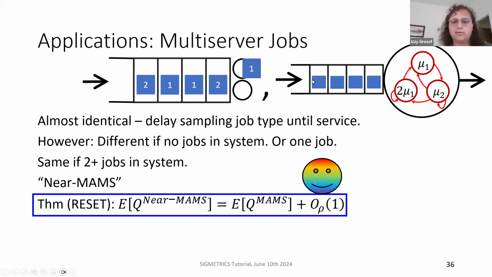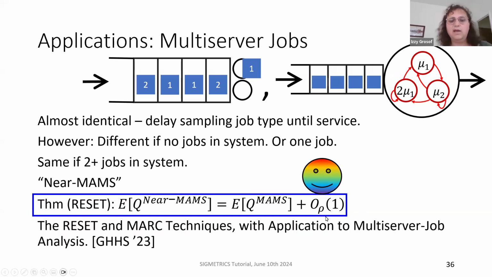It depends on all sorts of things about the system, but it's not getting dramatically bigger as the queue length is getting longer with high load. And this was all proven in a paper called Reset and Mark Techniques with Applications to Multi-Server Job Analysis from Performance 20. So this is one way you can use MAMS ideas, even if your system isn't exactly an MAMS system, for analyzing these sorts of multi-server fluctuating service rate systems.